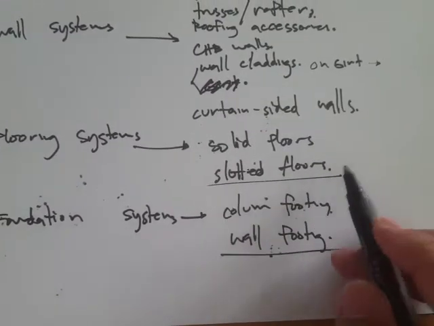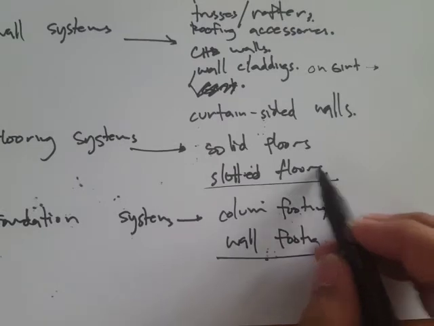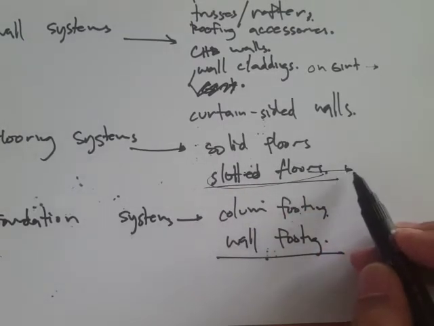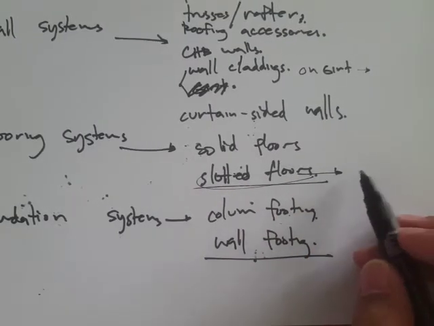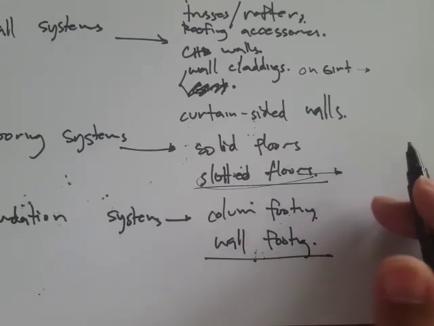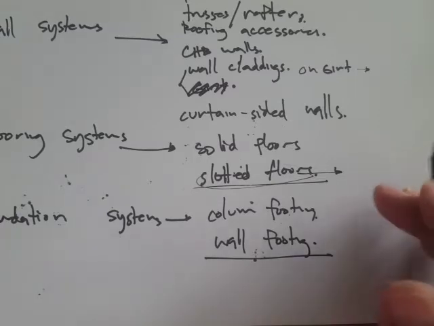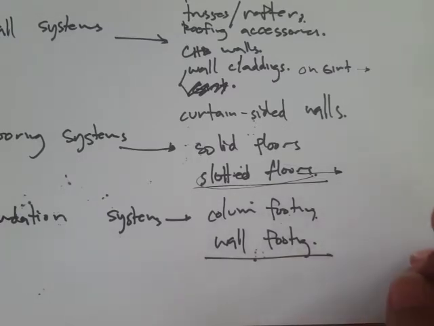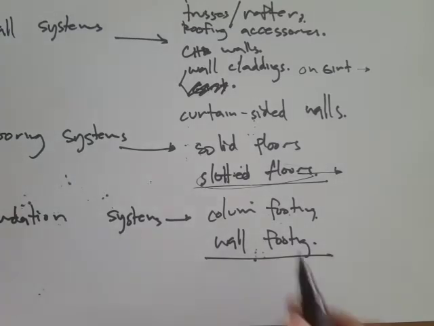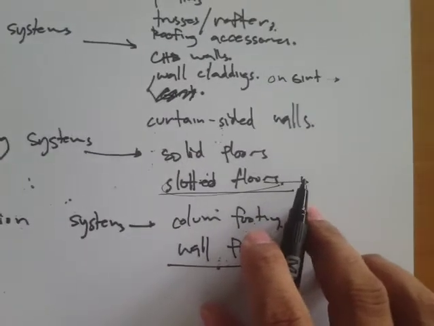So the main goal for this slatted flooring is waste production control. Since, as I've said, livestock and poultry production produces a lot of waste, there must be a way to manage or control this waste. One way is through slatted floors.